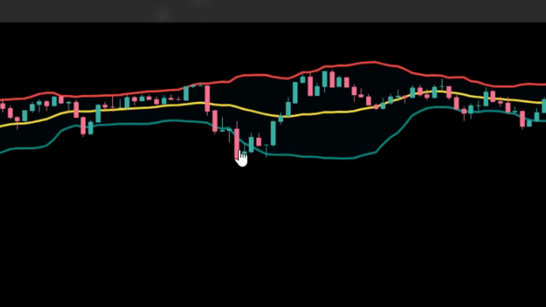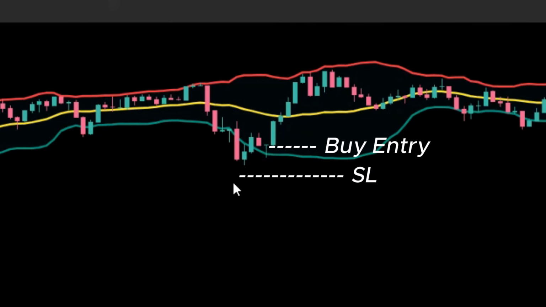We wait for the price to come back inside the band. Once it happens, we wait for a confirmation candle. After this candle closes, we enter the buy trade. We place the stop loss just below the last swing low and the take profit at the band. Price moves up and touches the band. Trade closed. Clean, simple, no stress.